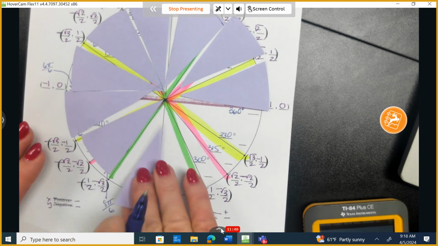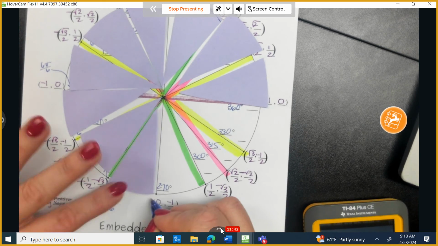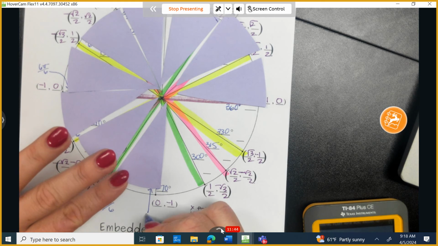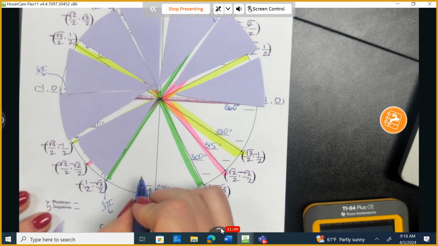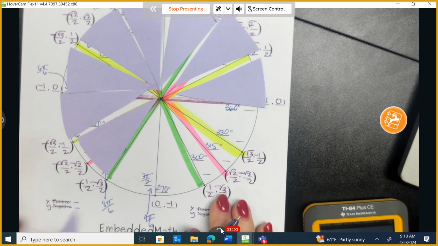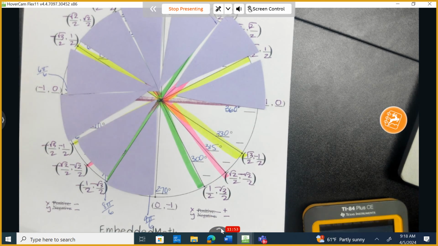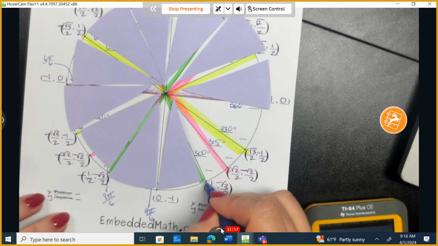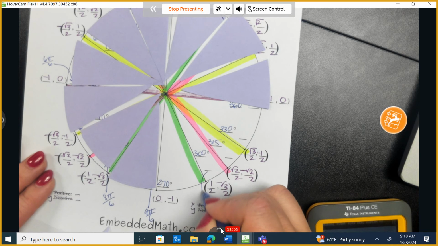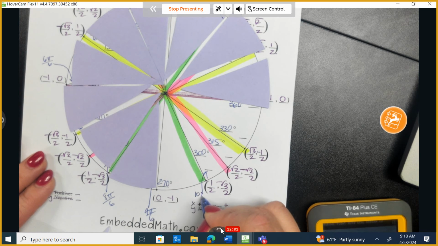My next one would be 9 pi over 6. So in this position, it would be 9 pi over 6. 9 and 6 are both divisible by 3, which gives me 3 pi over 2. All right, in this next one right here, we did 9 over 6. This would be 10 over 6. So in this position right here, I would have 10 pi over 6.